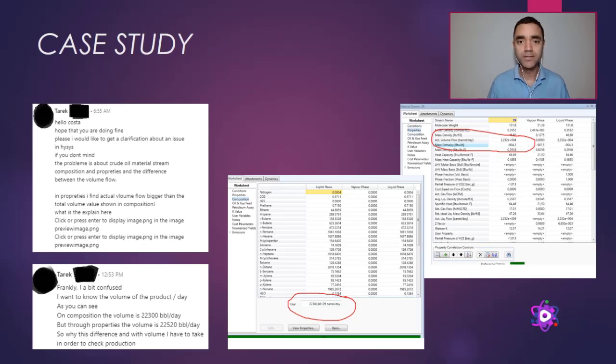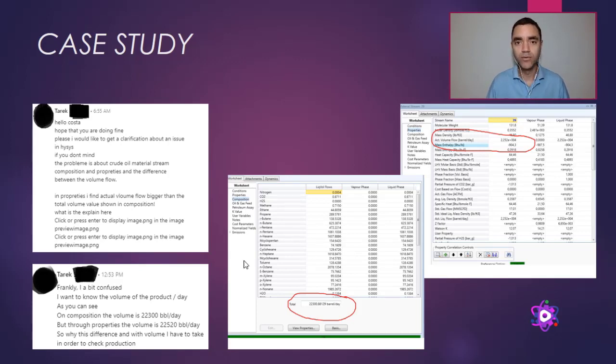To finish this video, let me share with you a case study that I received a request for help on my LinkedIn, and this is about the subject that we were just talking about. Tarek verified that the actual volume flow was bigger than the total volume flow shown in composition.